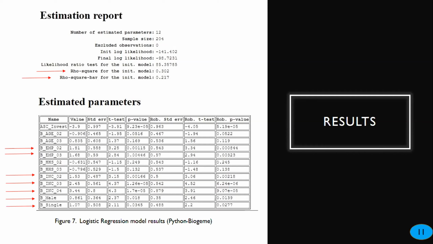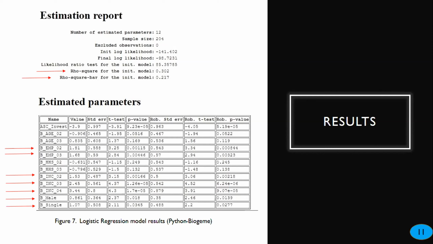Mainly, I use this in Python to calculate rho square and adjusted rho square for my model, because R doesn't easily give us that index. So as you can see for my model, we have rho square equal to 0.3 and adjusted rho square 0.21, which are pretty good indexes for a classification problem.